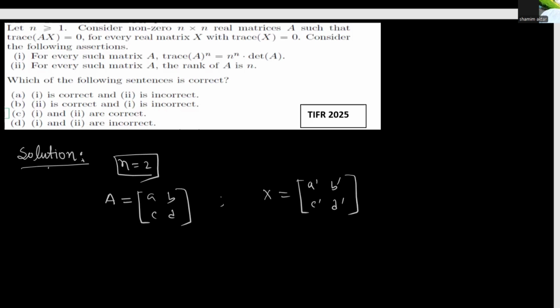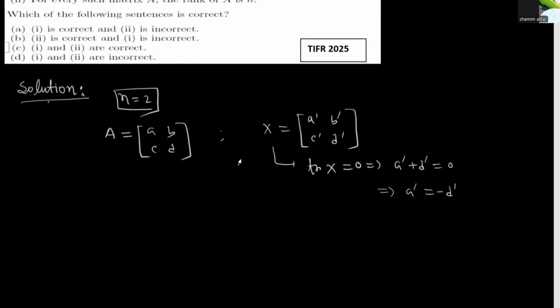Here given trace of X equal to 0, that is a dash plus d dash is equal to 0. So this implies a dash equals minus d dash. So we have X equal to a dash, b dash, c dash and minus a dash.